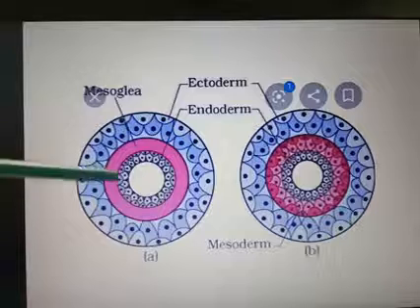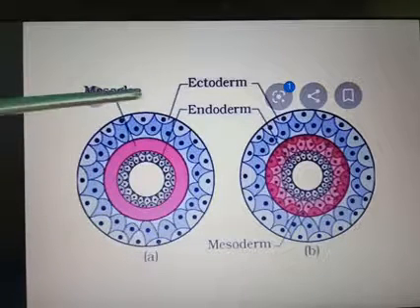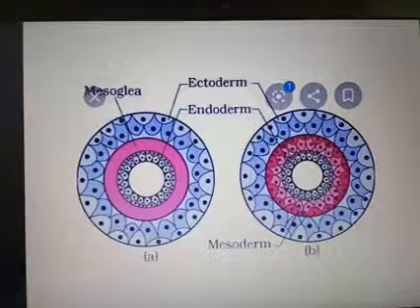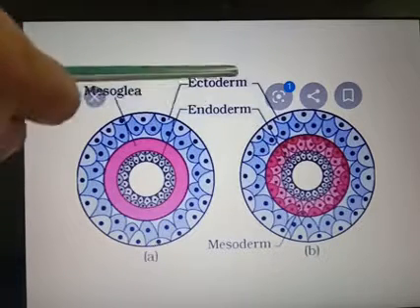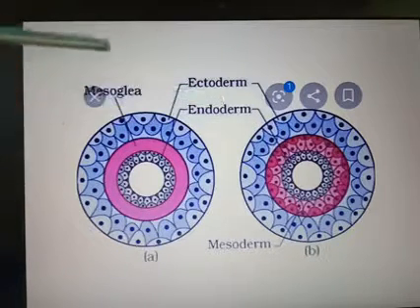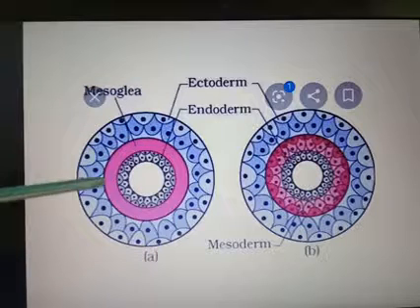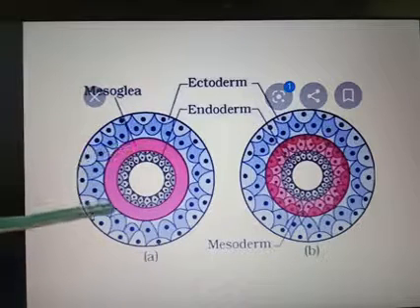Here the first picture A is diploblastic. Only two layers, ectoderm and endoderm, are fully developed, and the mesoglial cells are not fully matured.